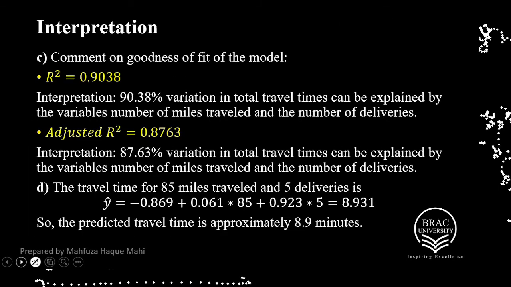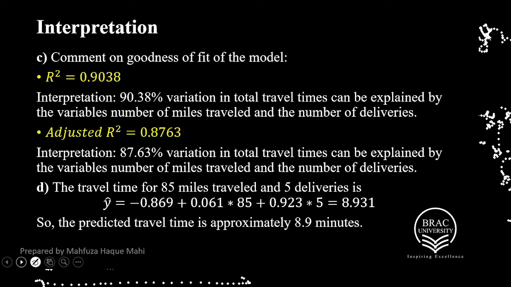Now we will comment on the goodness of fit of the model. The value of R square is 0.9038, which means 90.38% of variation in total travel times can be explained by the variables number of miles traveled and the number of deliveries.